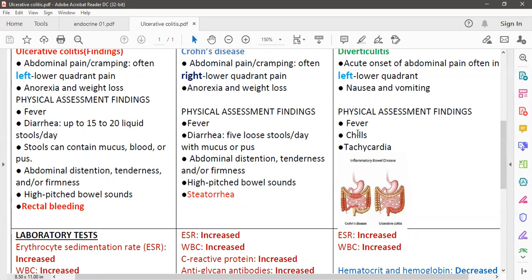They have a fever, chills, and tachycardia. But keep in mind, if the diverticulitis perforated, patient comes with peritonitis. So if patient has peritonitis, usually patient presents with abdominal pain or tenderness, bloating, or feeling of fullness, or fever, nausea, vomiting, or even diarrhea.